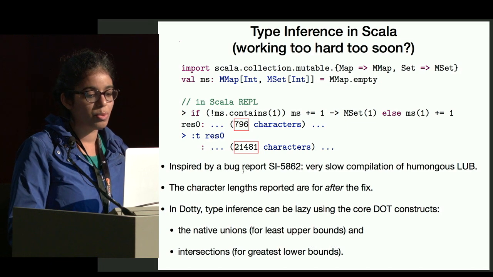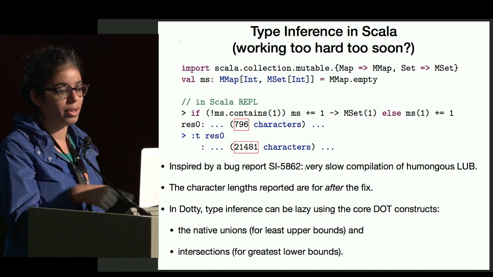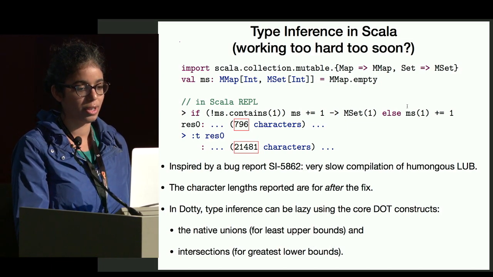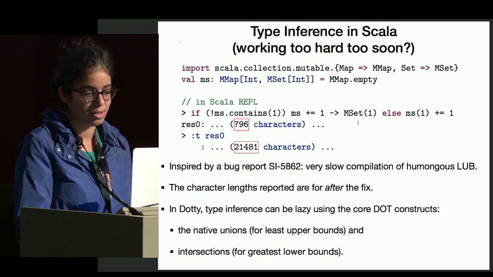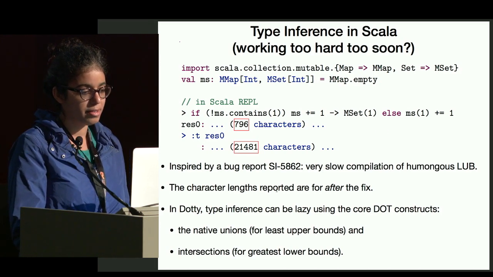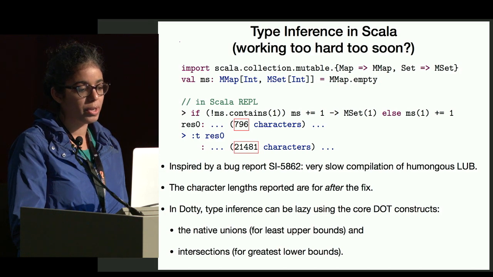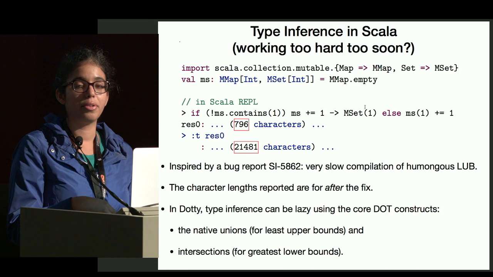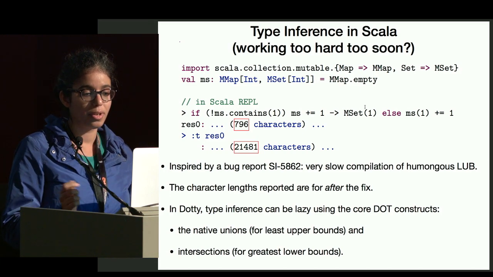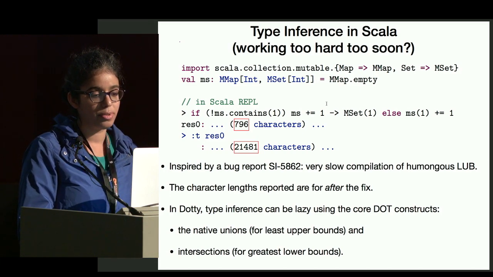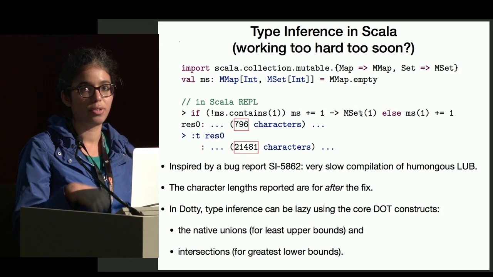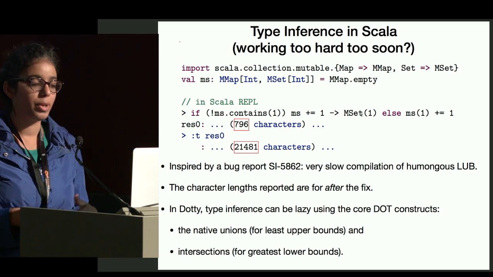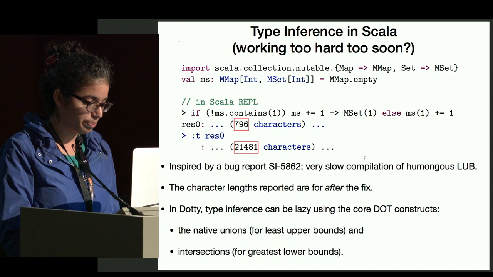This was noticed because the compilation was going very slowly, just because it was trying to infer this type that it's actually discarding anyways. And in Dotty, one way that this can be simpler is that we can always just rely on using union types when we need to compute a least upper bound, instead of trying to eagerly compute what the least upper bound is.